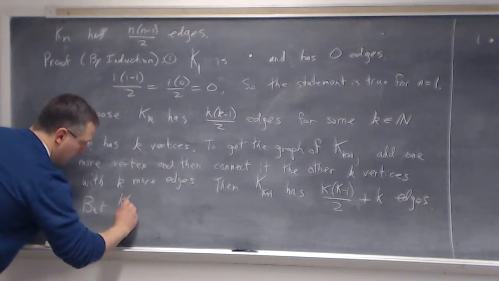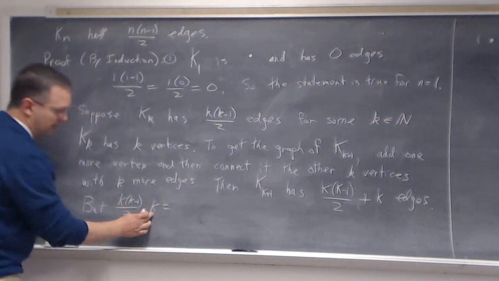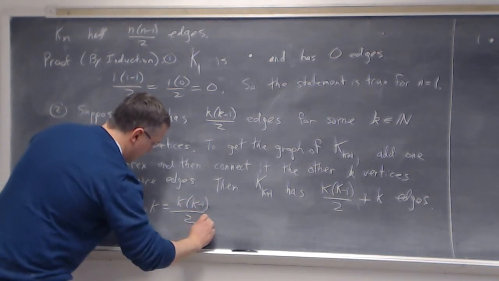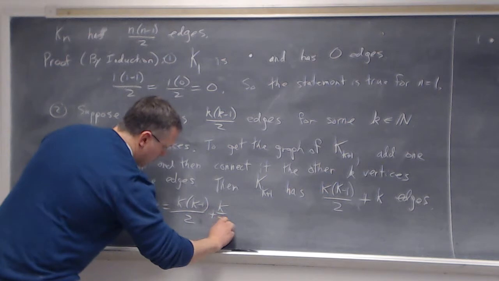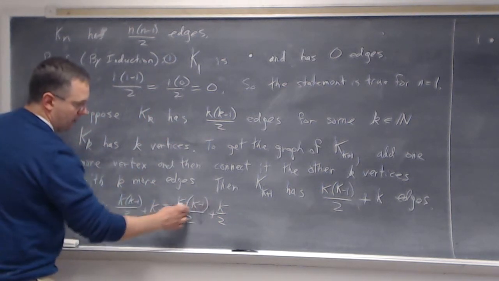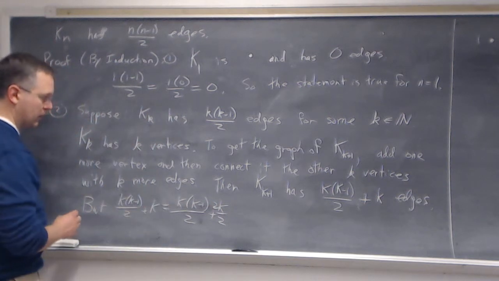But k times k minus 1 over 2 plus k, get a common denominator, this equals k times k minus 1 over 2 plus 2k over 2. I can add these now.